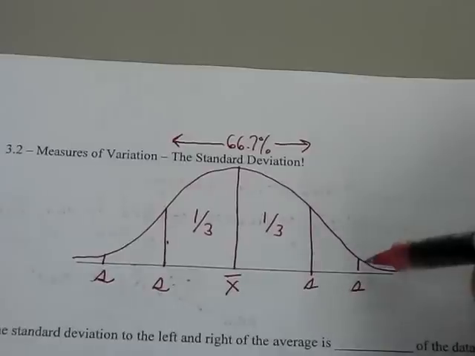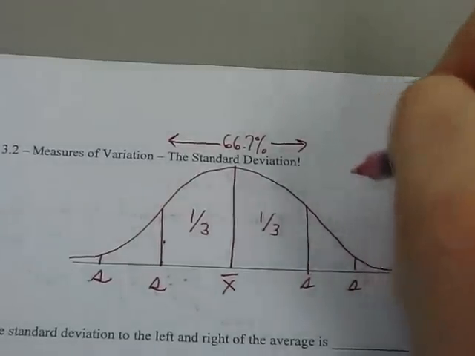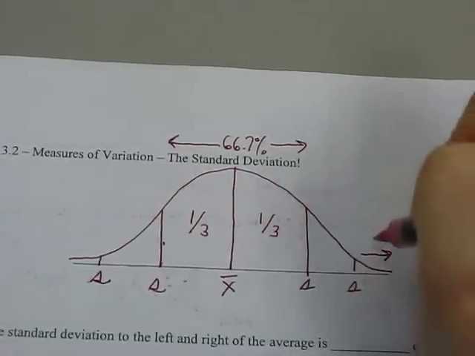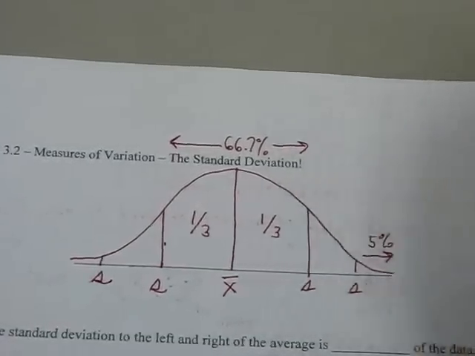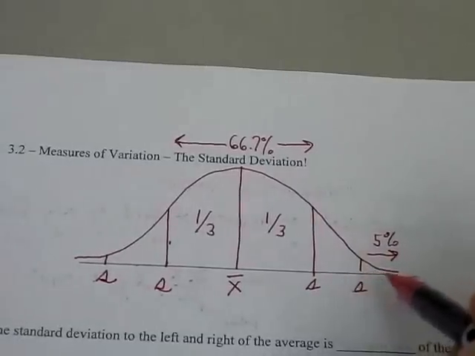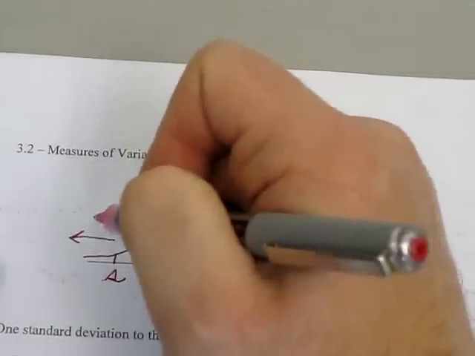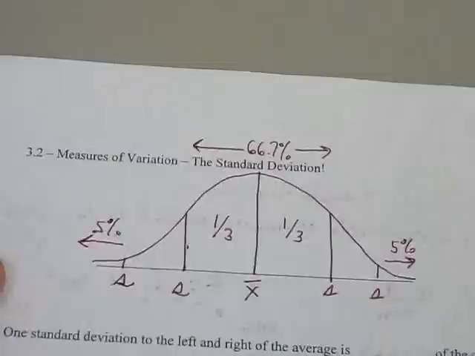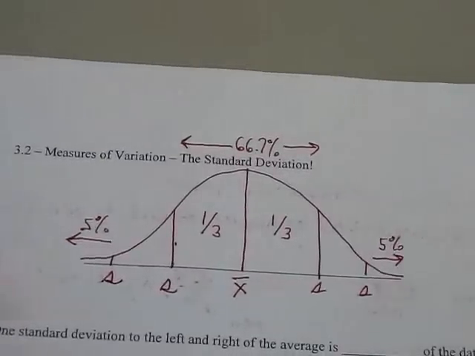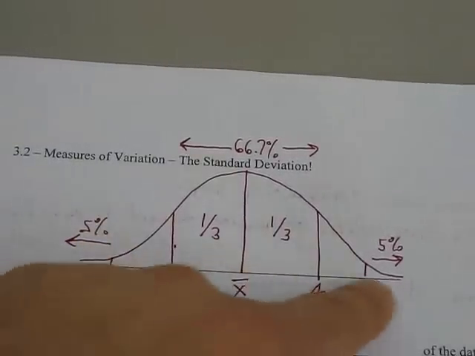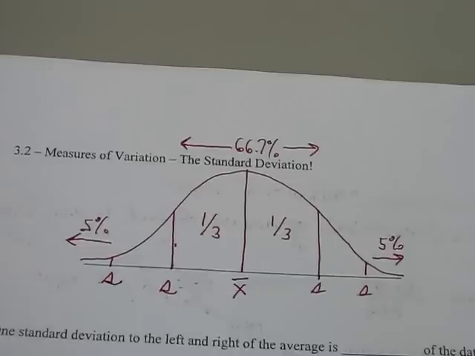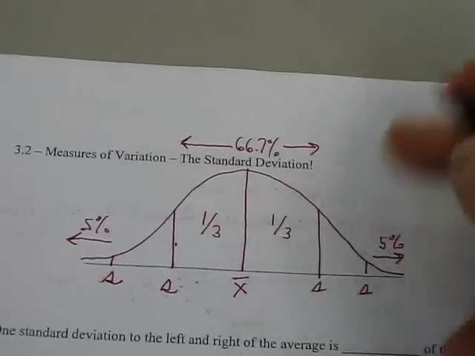The second standard deviation away obviously would be a very small portion of the population. The top 5% would be higher than the second standard deviation, and the bottom 5% would be lower than the second standard deviation. So you'll notice that these groups, even though they are equally spaced apart, do not hold the same amount of the people.